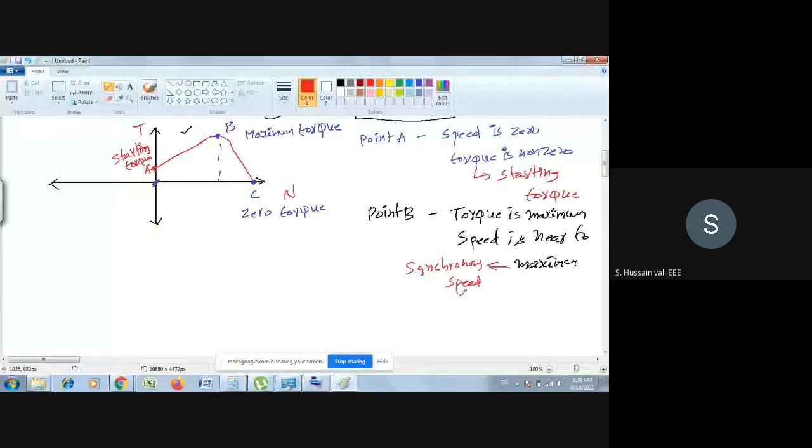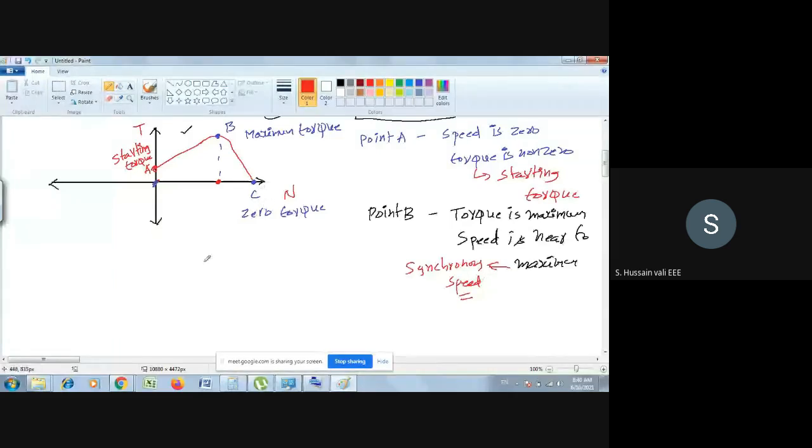Corresponding to point B the speed is near to maximum, and point C corresponds to synchronous speed.